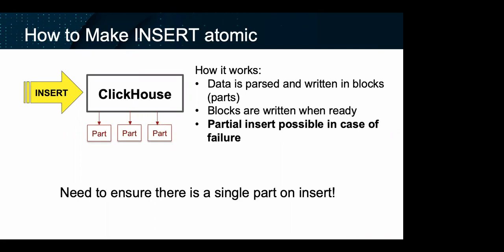It will write the first million rows as a part, then the second million rows, then the third, and if anything happens to the server, you will have a partial insert. Some of the data has been written and some has not. So the main principle here is that we need to ensure that there is a single part in an insert. Otherwise, it's very hard to guarantee atomicity.